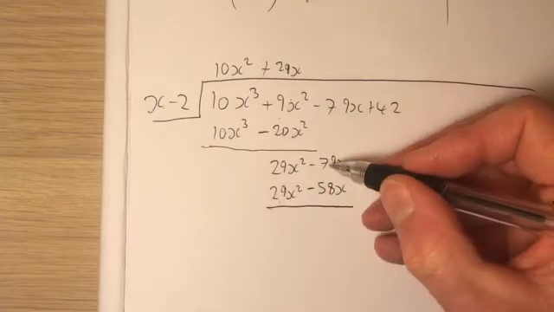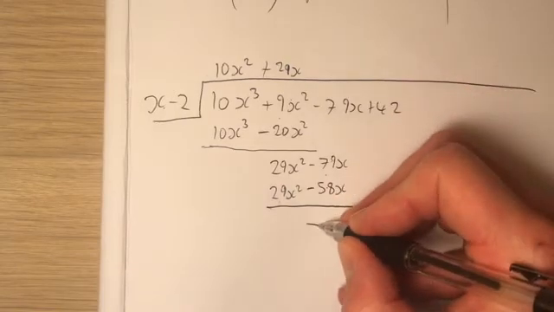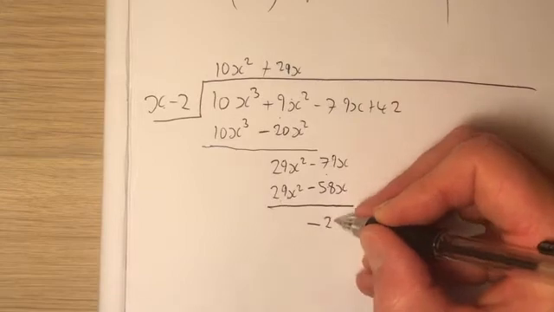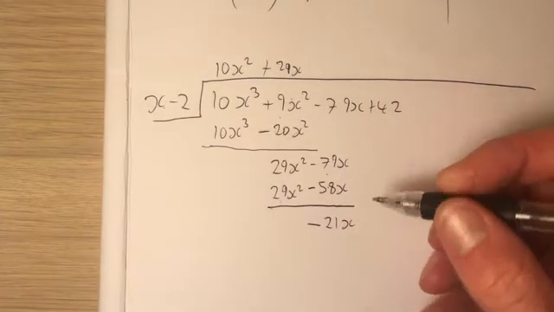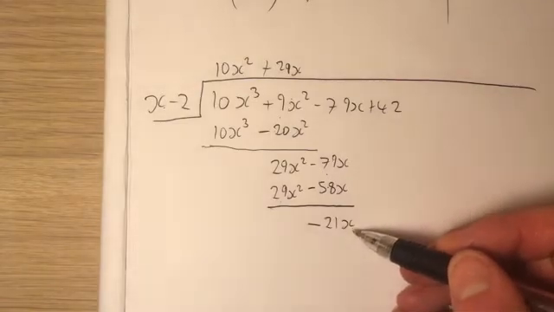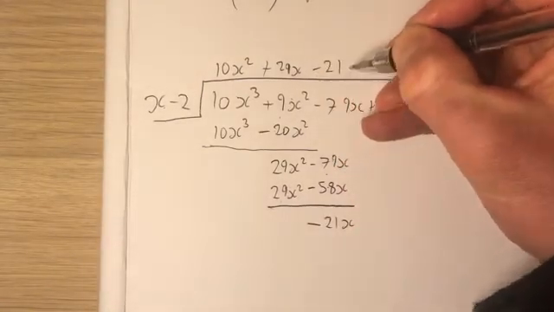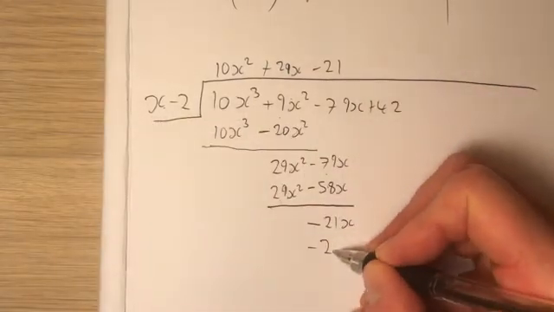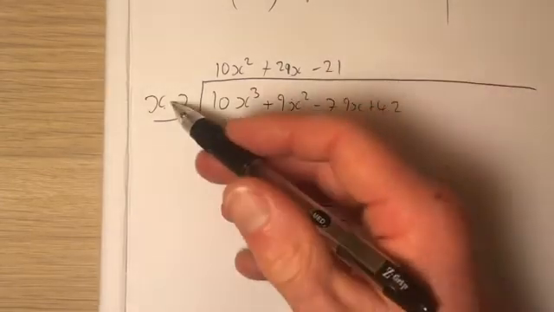This one take away negative this one is going to end up with negative. The difference is 21, right? So negative 21x. Okay. How do I get negative 21x? Well, I do negative 21 times by x. I also do negative 21 times by minus 2.